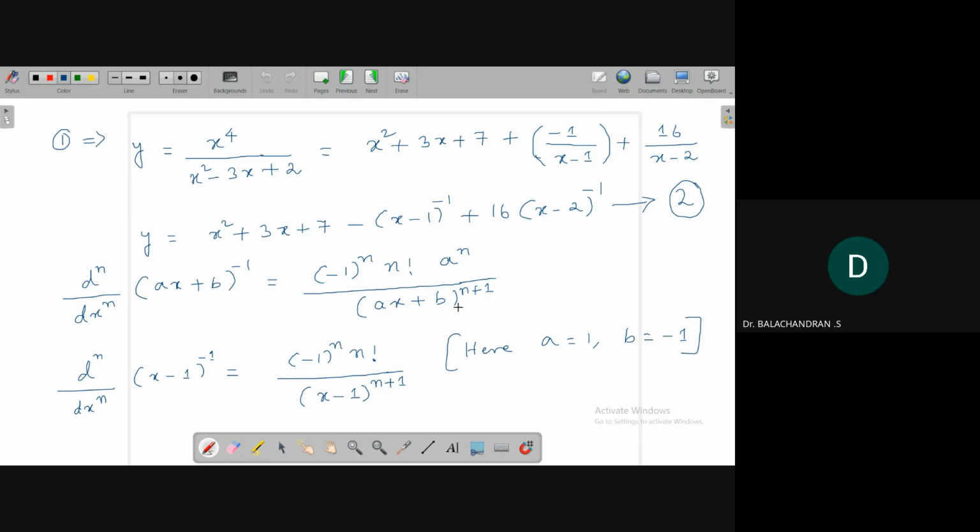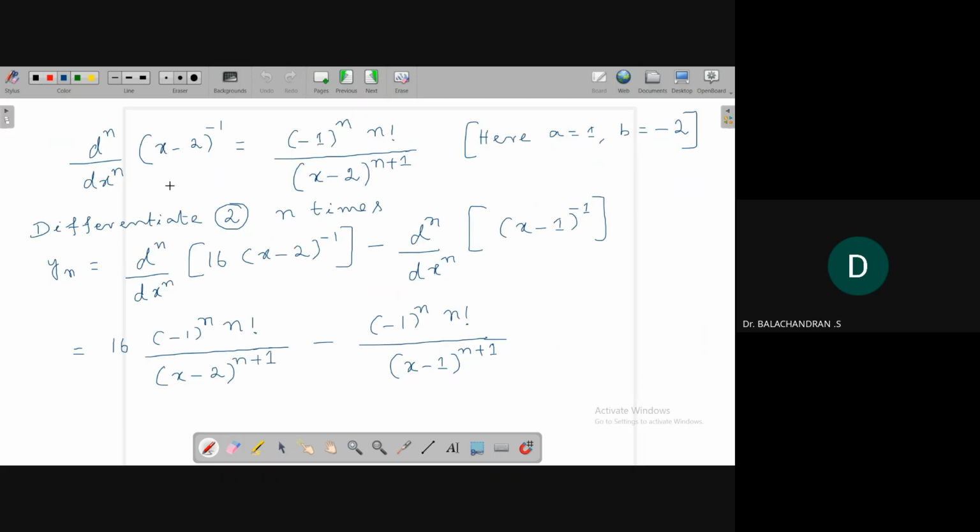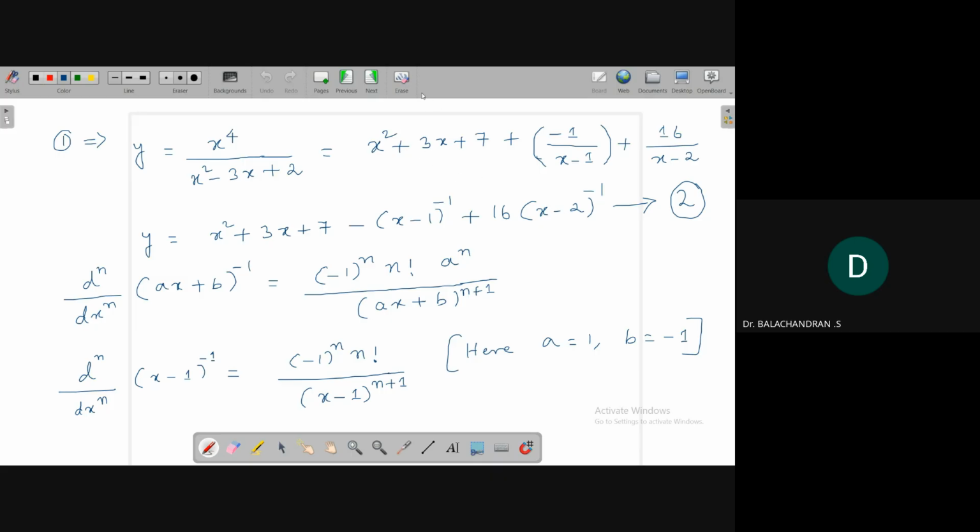Next, the same formula I'm going to apply here for (x minus 2) whole power minus 1. Here a is 1, b is minus 2.